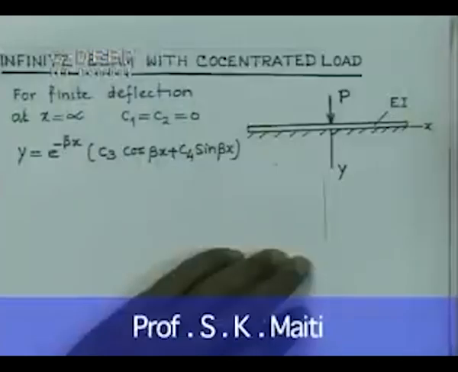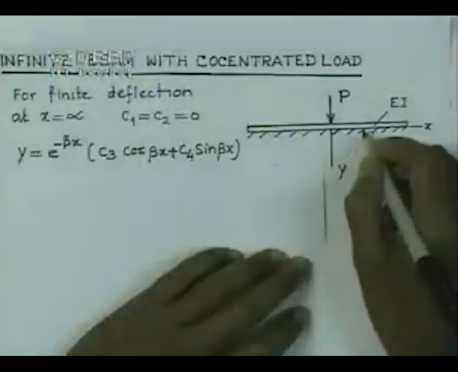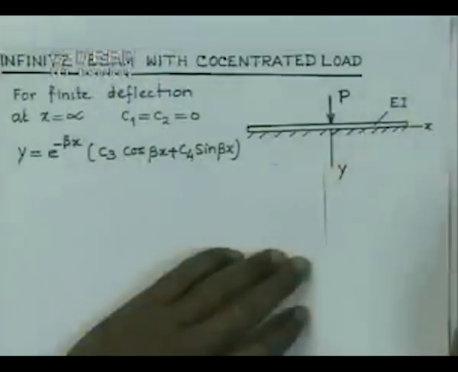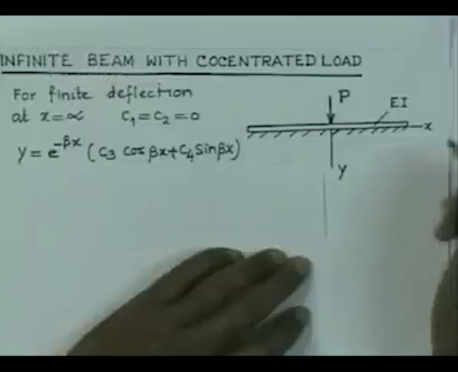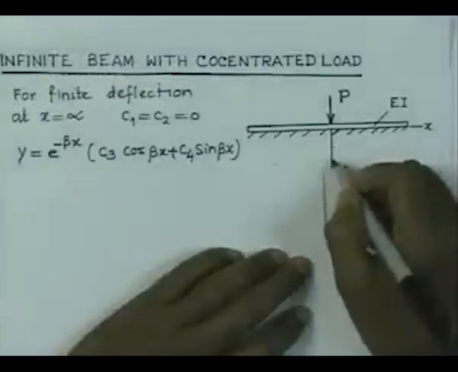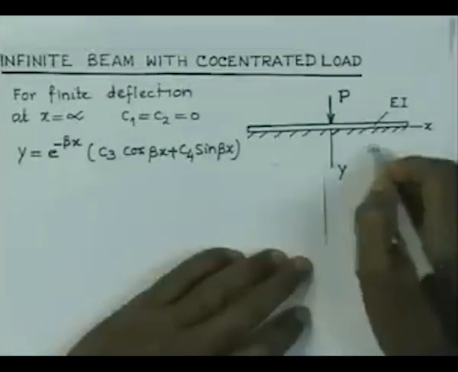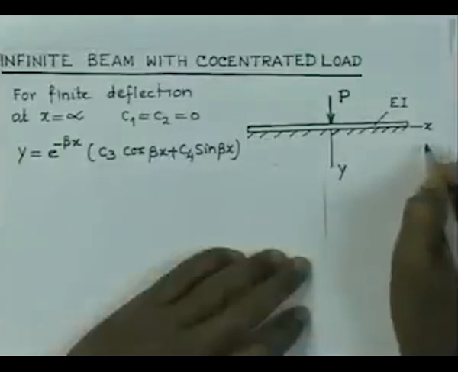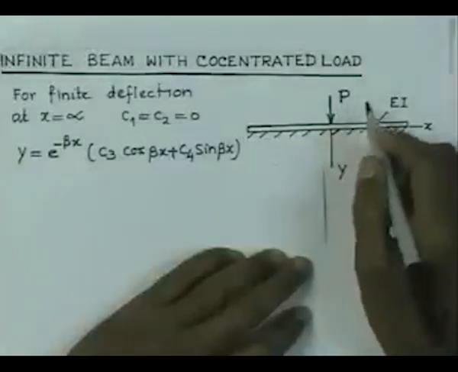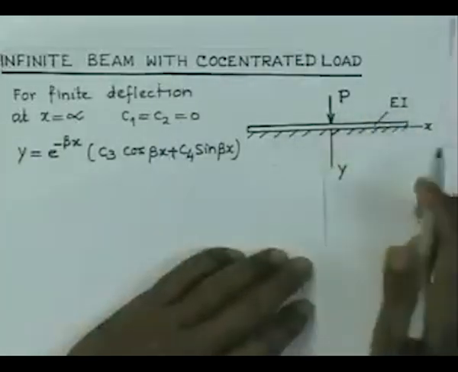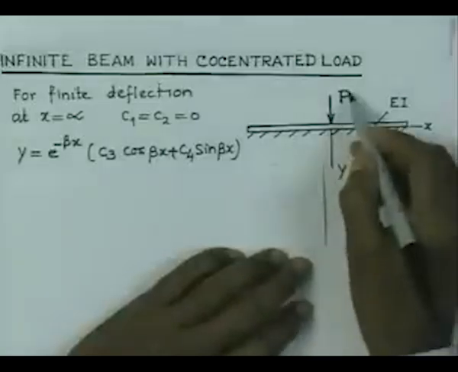At the same time, the reaction that comes up at the bottom of the beam is going to be k into y at different locations, and therefore, if we sum up the forces from x equal to 0 to x equal to infinity, we must have the load double of that. Obviously, it is a symmetric problem, therefore, double of that must be equal to the external loading.